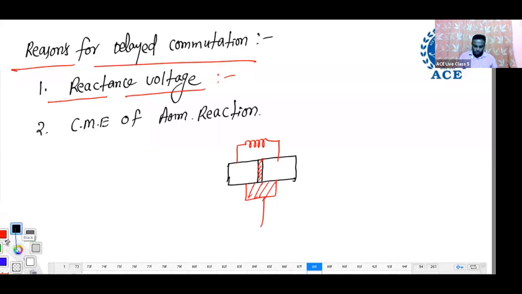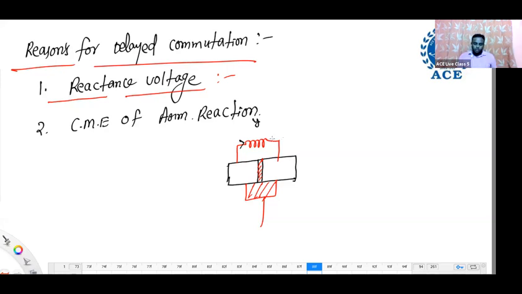Now during that current reversal, initially current is going in one direction. What is the time taken by the commutator to move one segment? That is in milliseconds, at speeds of 1000 rpm or 1200 rpm; you get the time of commutation if you calculate.